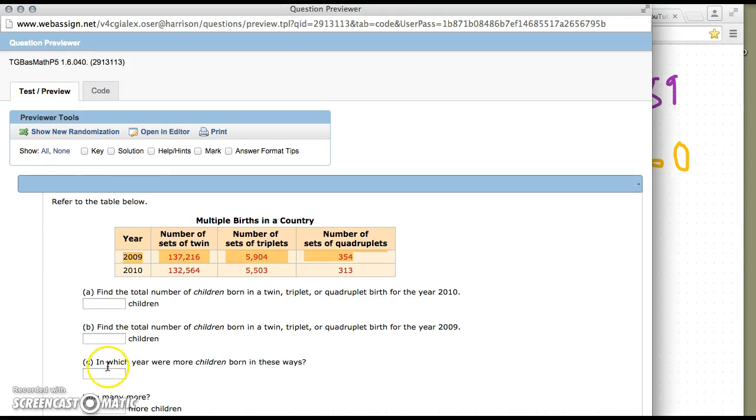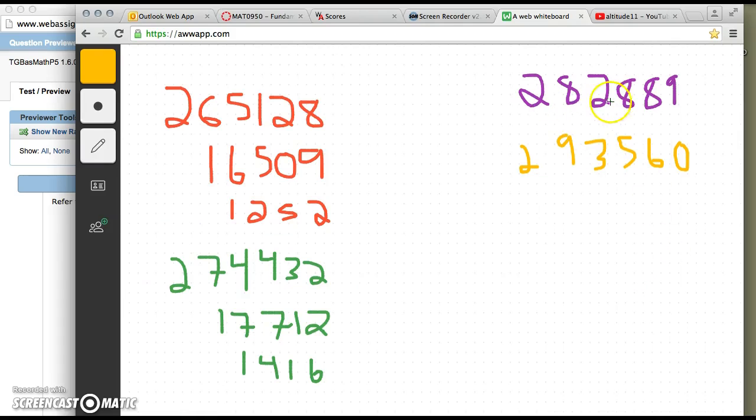For part C, it says, in which year were there more children born as twins, triplets, or quadruplets? Basically we're looking at this purple and orange number here, and we want to know which is larger. If we look at the highest place value, the 100,000s place, they're both 2s. In the next place over, the 10,000s place, the purple number from 2010 has an 8, and the orange number from 2009 has a 9.